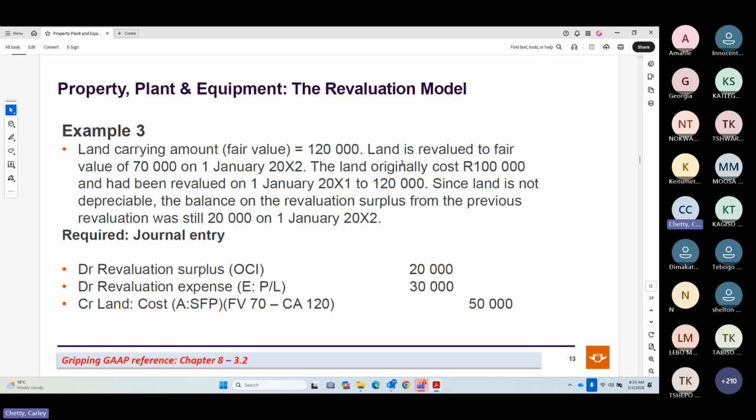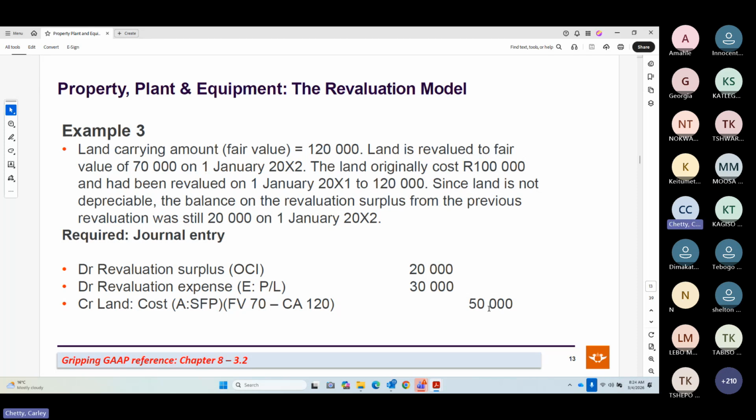So we currently, from the first revaluation on 1 Jan 20x1, had a revaluation surplus of 20,000. We can now debit our revaluation surplus account with 20,000. We are reducing the revaluation surplus credit to 0 by debiting revaluation surplus.